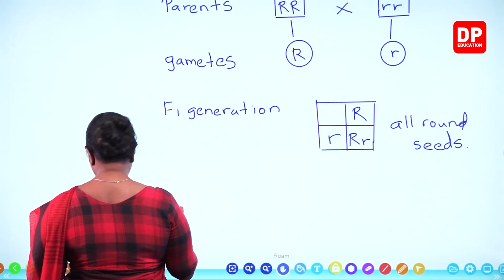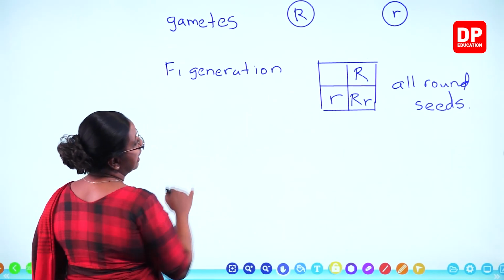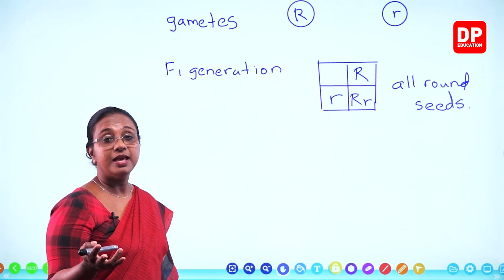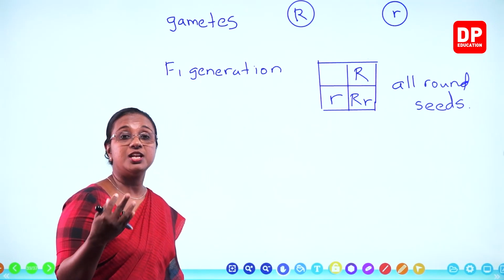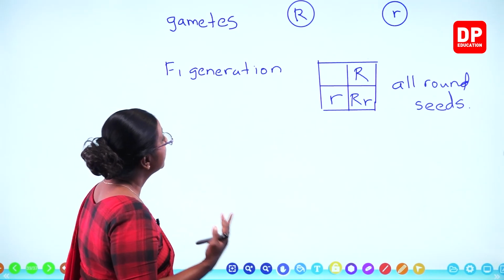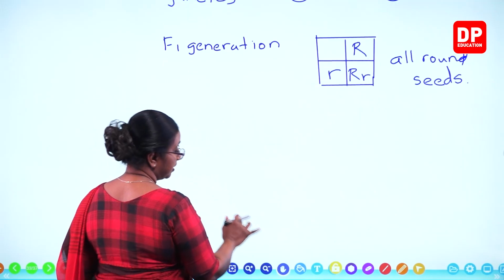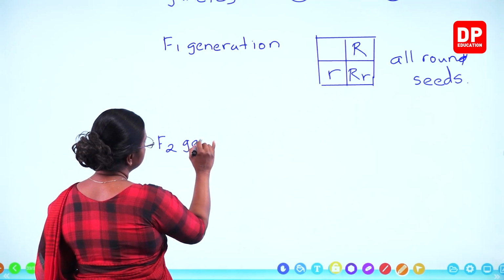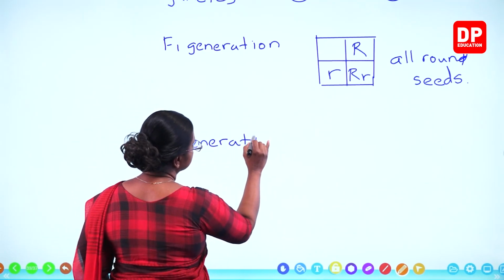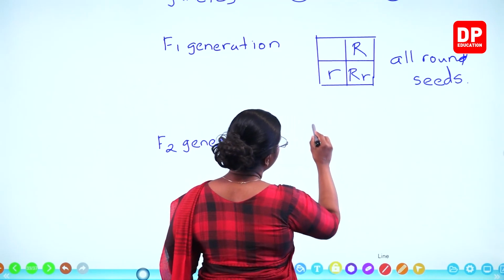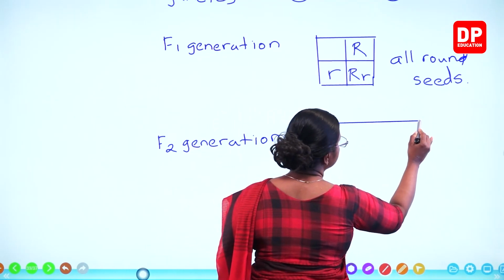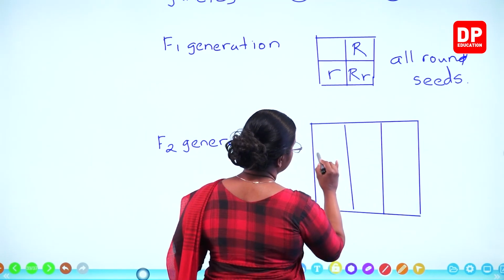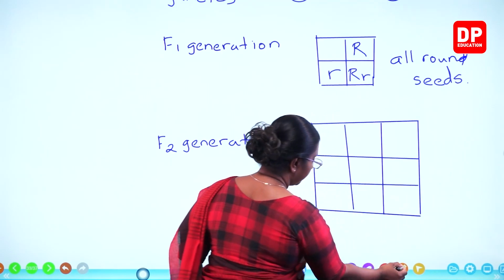Then after that, you get the gametes from this generation, and then you get them to undergo self-pollination, and you get the F2 generation. There, of course, for the F2 generation, again you draw a Punnett square, but you need to have the gametes. So 3 columns and 3 rows.